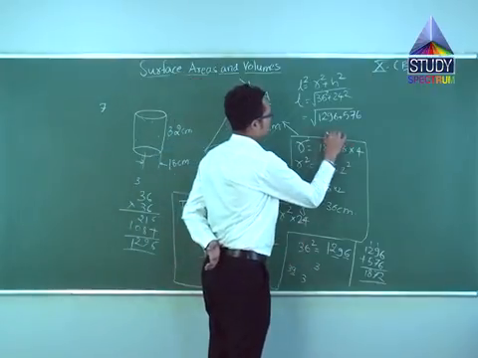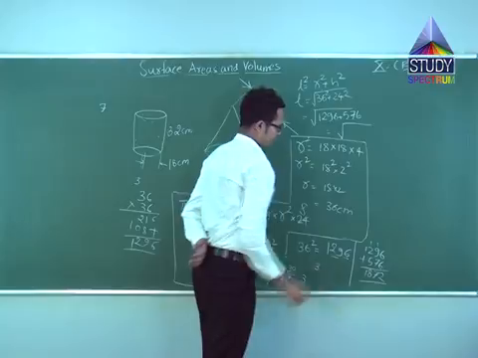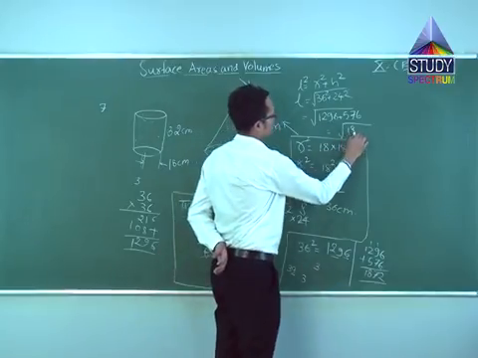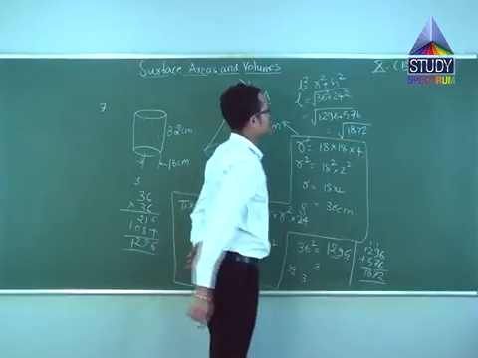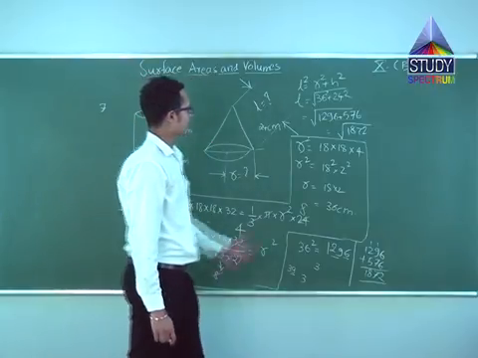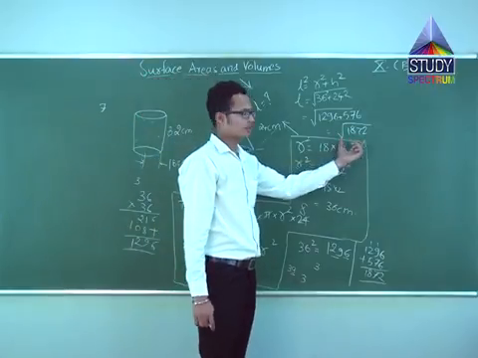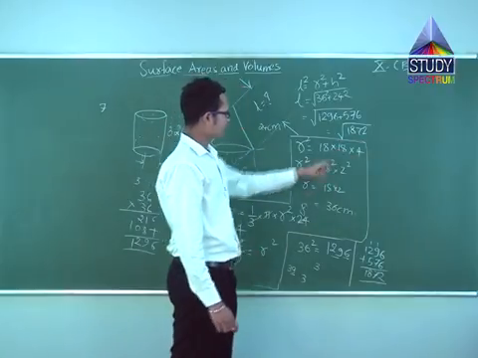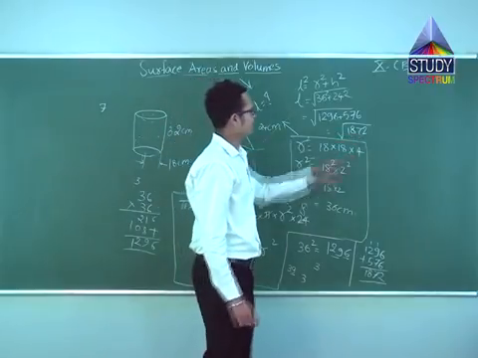This is equal to the square root of 1872. Now we have to simplify this to bring it to the simplest form. To do that, let's factorize 1872.